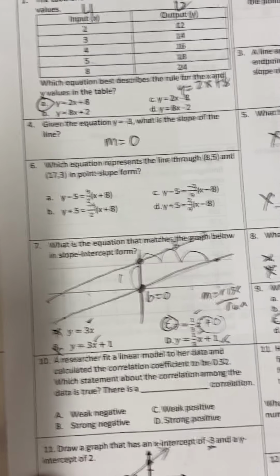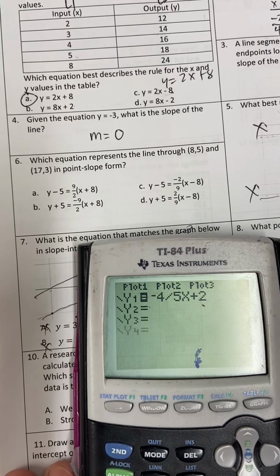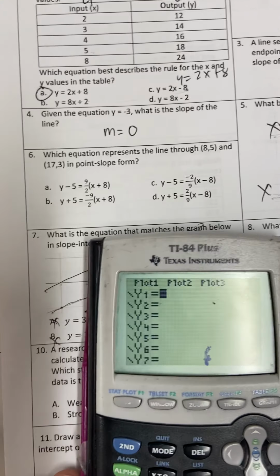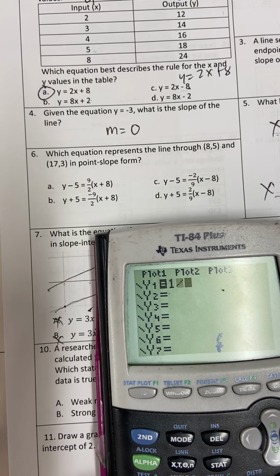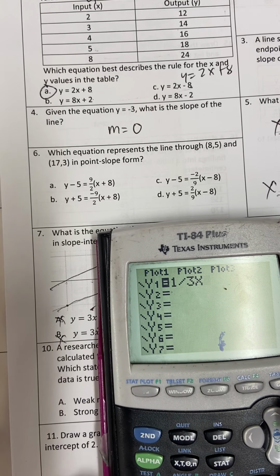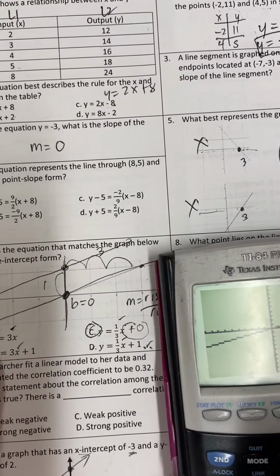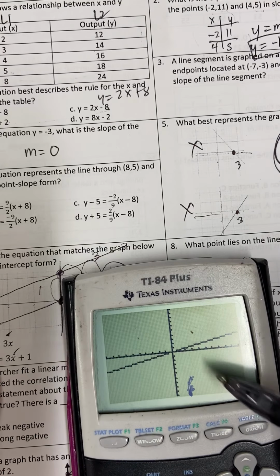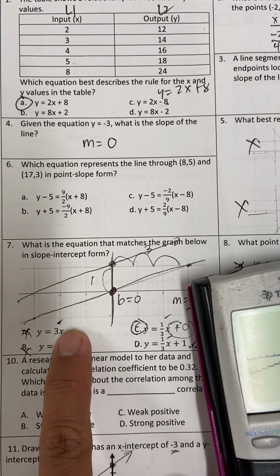Another way to do that one is to use your calculator. Go to the y equals, type in the equation, 1/3 x, and graph it. That should be the same thing as what I have here.